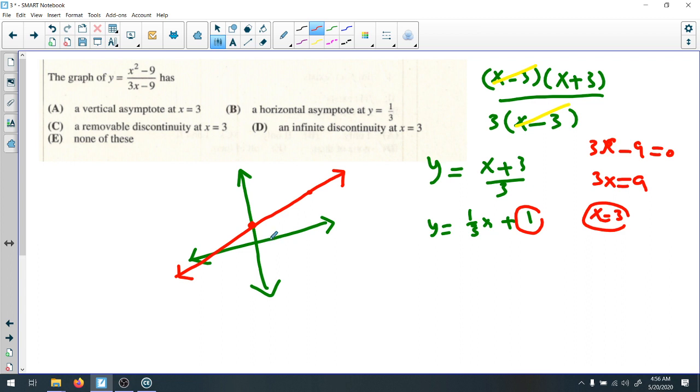So when x equals 3, you're going to go up over here. This point doesn't exist. You need to make it tiny. This point here doesn't exist.